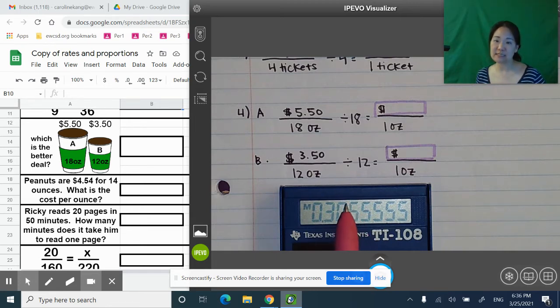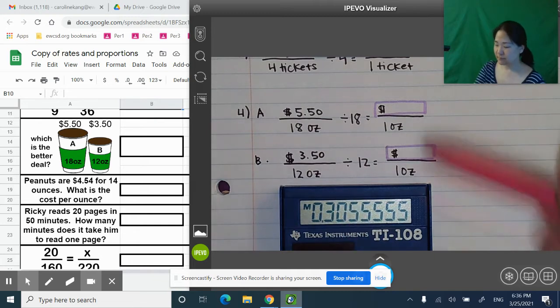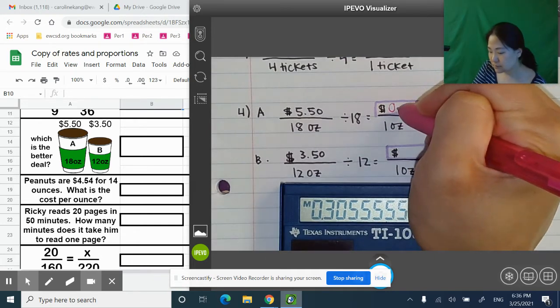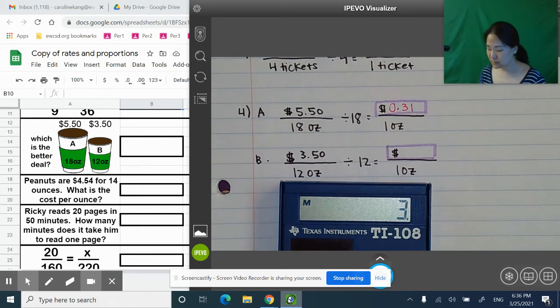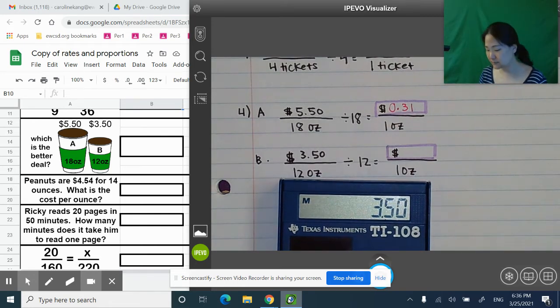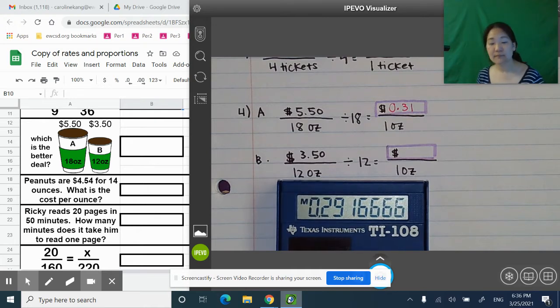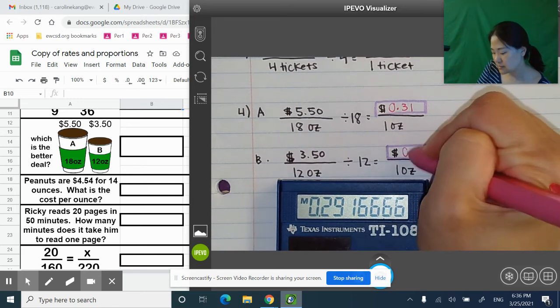Because it's 5, you want to raise the 0 to a 1. So this is 31 cents per ounce, $0.31 per ounce. Next one, $3.50 divided by 12. Looking at the thousandths, it's a 1. 4 or less, let it rest. So it is 29 cents per ounce.